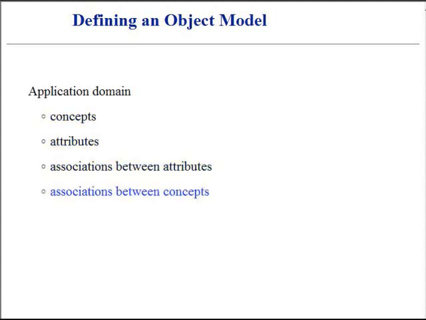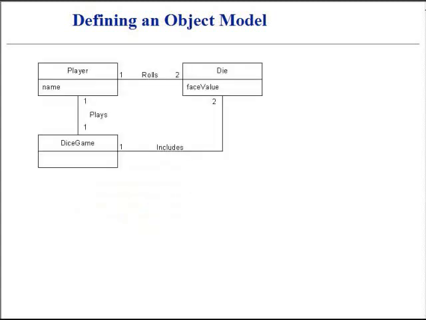The application domain involves concepts, attributes, and associations between those. Classification of these objects is the next step. For example, the dice game could be represented by the following object diagram.